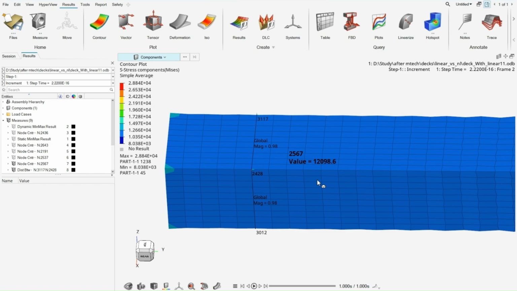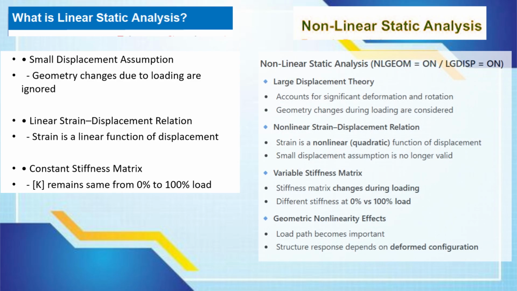One other way to solve this is by using the nonlinear static analysis, where we can use NLGEOM, or in other solvers it is called large displacement on, which assumes the large displacement theory, where the strain is a quadratic function of displacement, and the stiffness at 0% of load can change after you apply the loading.